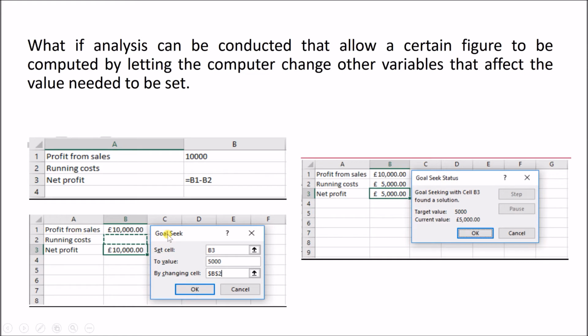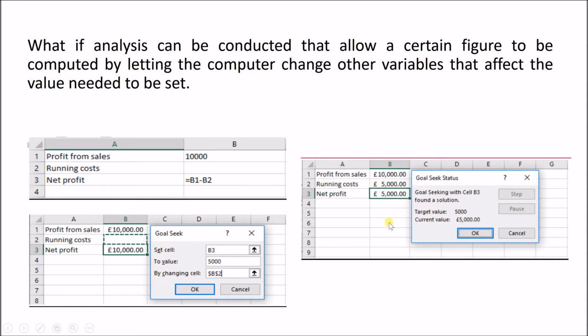Now, if we make the goal seek as the following, I need to get net profit 10,000 and my profit from sales is 10,000, it means that the running cost should be 0. But if I enter now the 5,000 here, the net profit should be 5,000.